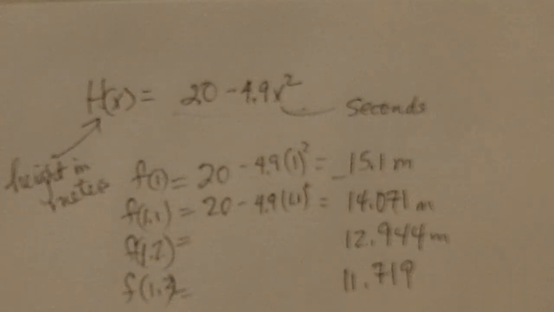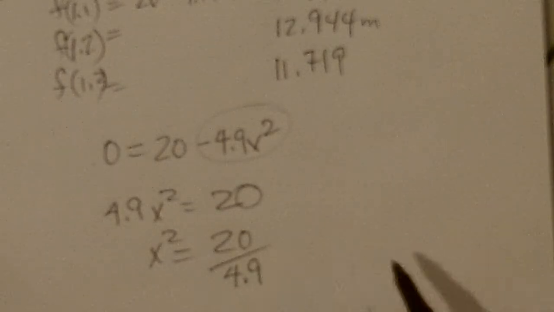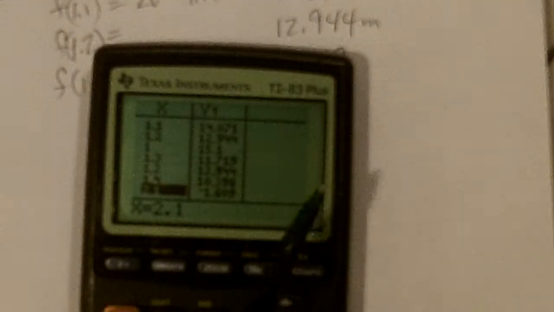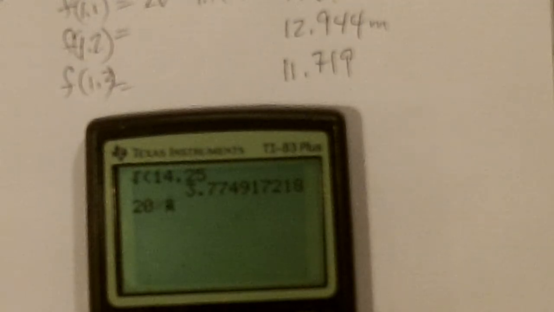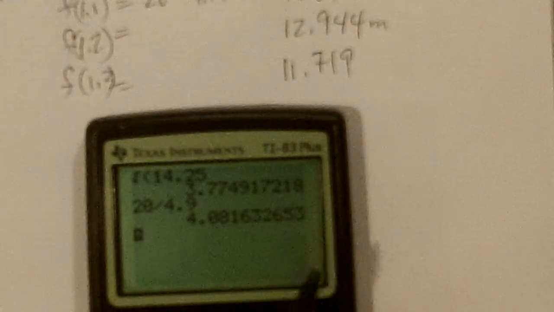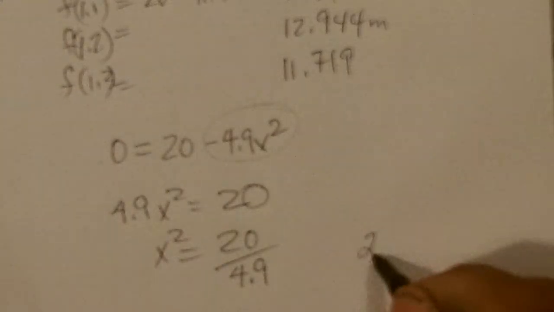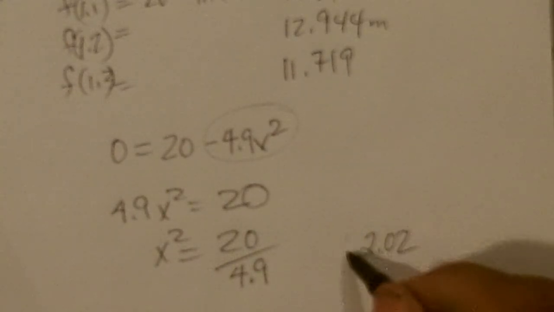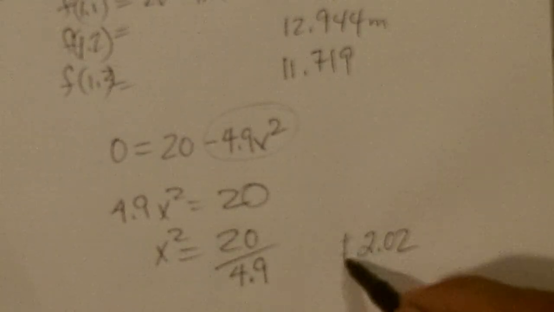Divide by 4.9 and I get x squared equals 20 divided by 4.9, take the square root. 20 divided by 4.9 is that, and then take the square root of that answer, and it's about 2.02 seconds. Now I would go plus or minus, but it won't make sense to talk about minus time on this, so it would be plus.